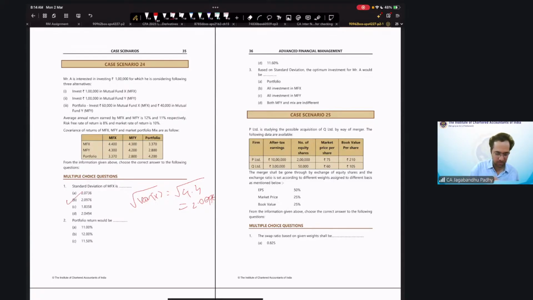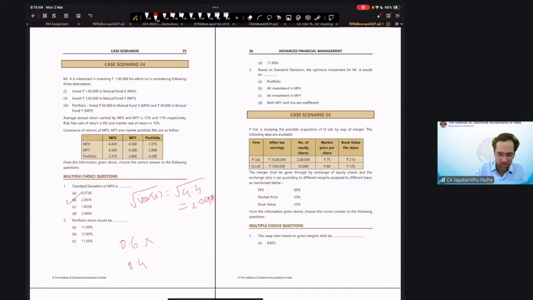Portfolio return. We have the annual return of X and Y as 12% and 11%, and we are considering investing 1 lakh each, so our portfolio weightage will be 0.6 and 0.4.